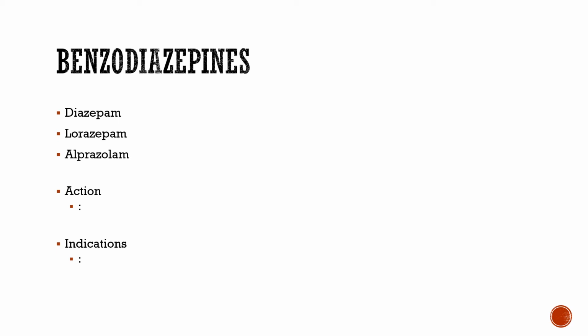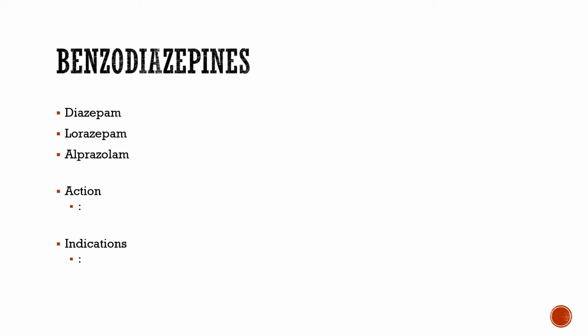But what these do is they potentiate GABA. And by making that GABA more effective, that helps reduce anxiety. For anti-anxiety reasons, we're usually giving lower doses, like 0.25 or somewhere in there.